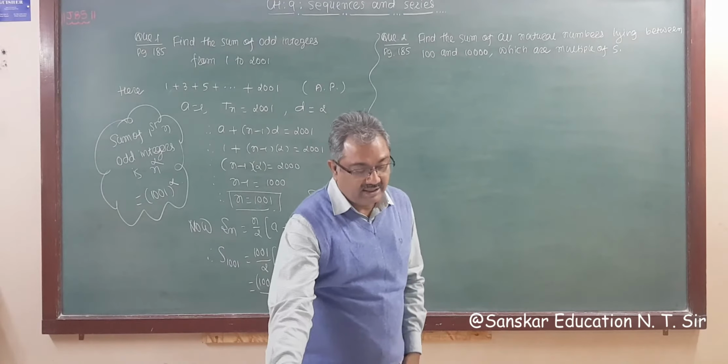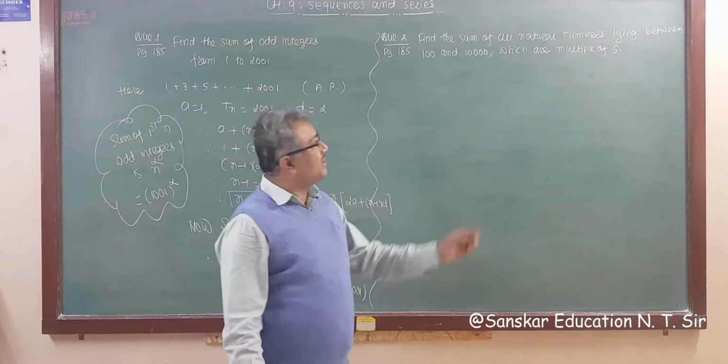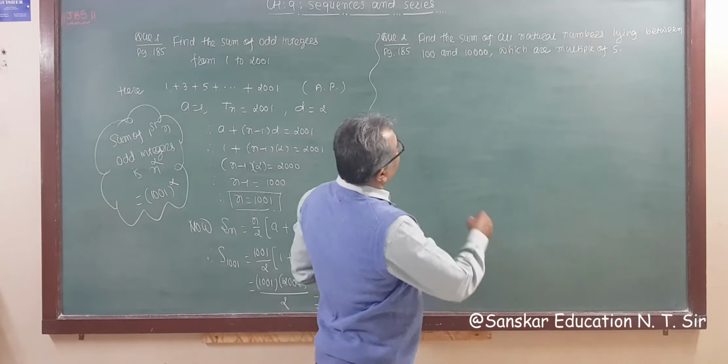Lying between, it is not given that 100 and 1000 are included. So which terms are there? The terms lying between 100 and 10,000.